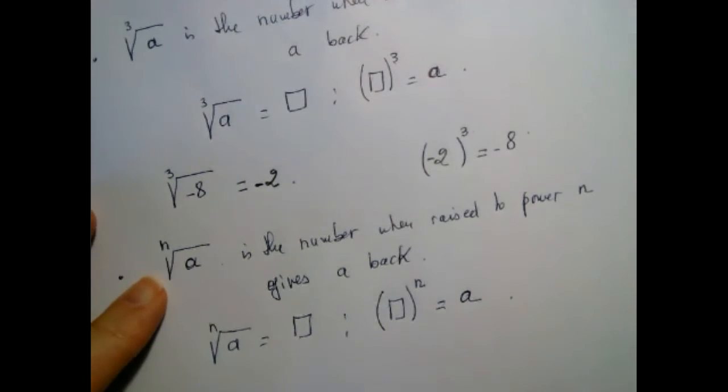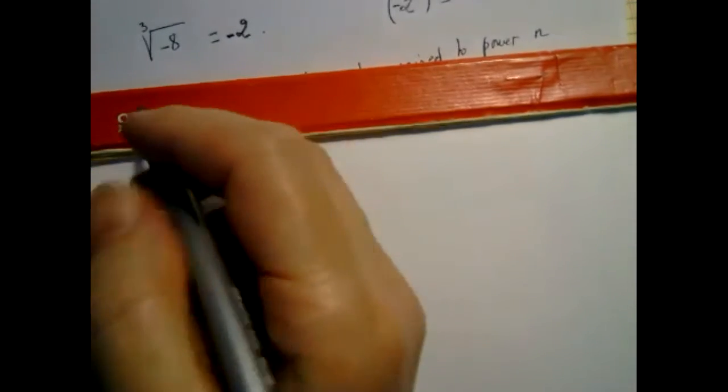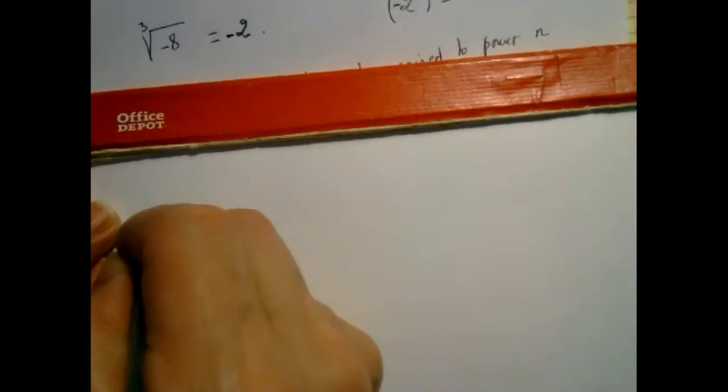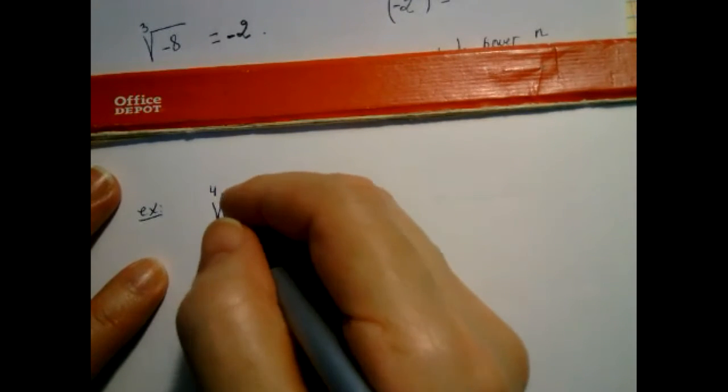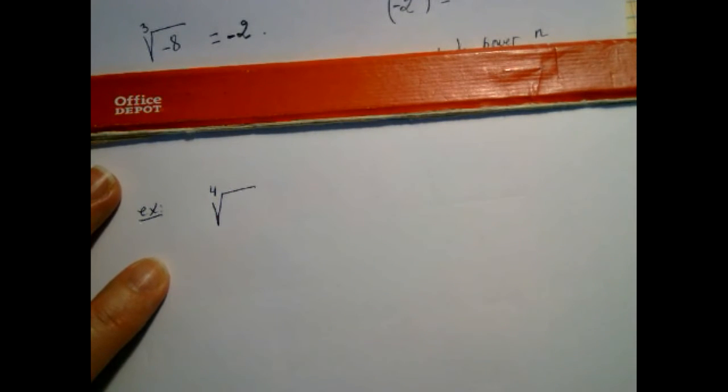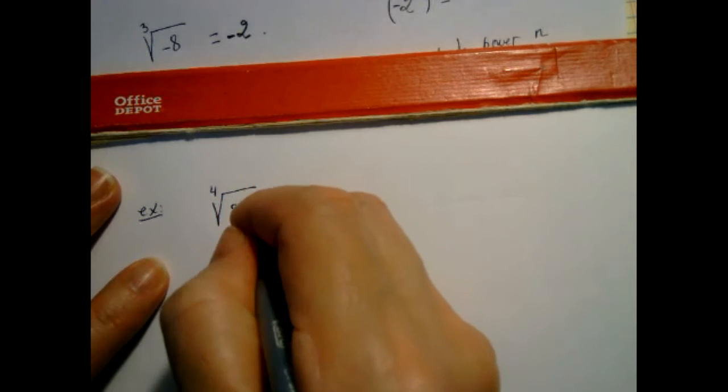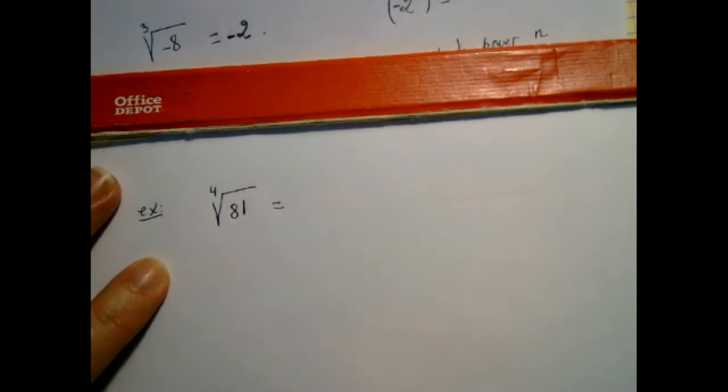So for example, what's the 4th root of 81? What does this mean?